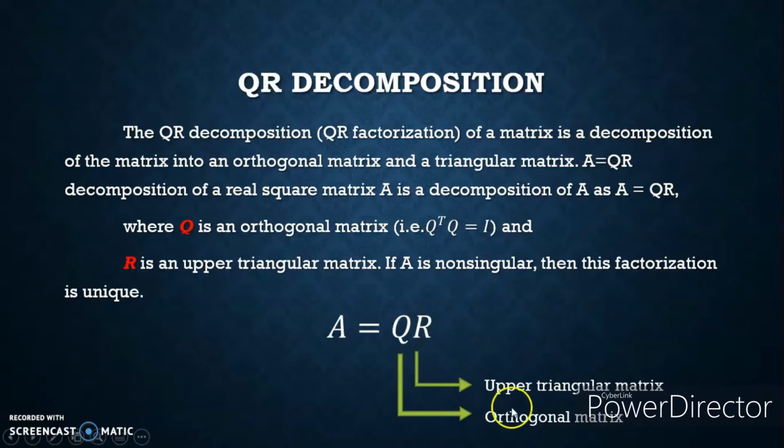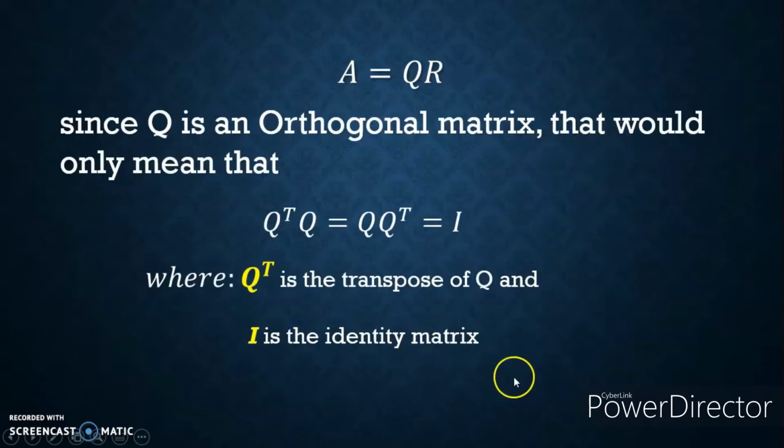That's what I said a while ago, where Q^T times Q is equivalent to I, the identity matrix. Q transpose is the transpose of Q and I is the identity matrix. Later on we will see how this goes with our discussion.